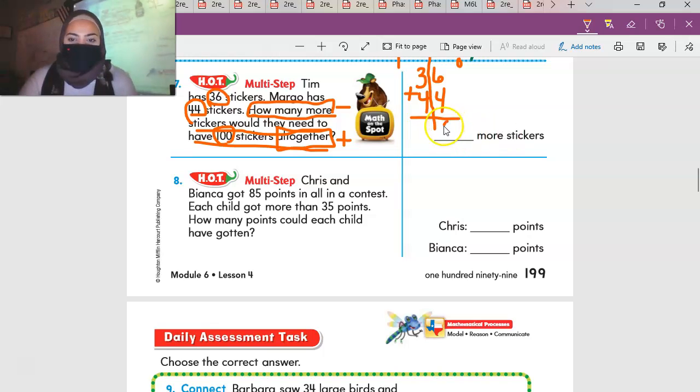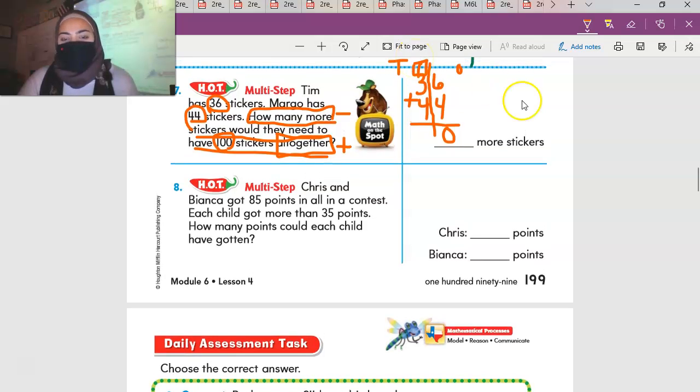So 0 goes here, and the 1 gets kicked upstairs. There you go. Box it so you know that's the number that went upstairs. Now, 3 plus 1 is 4. And 4 plus 4 is 8. So they have 80 stickers altogether.